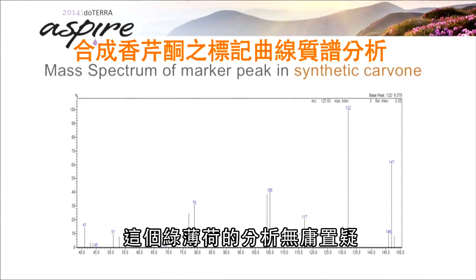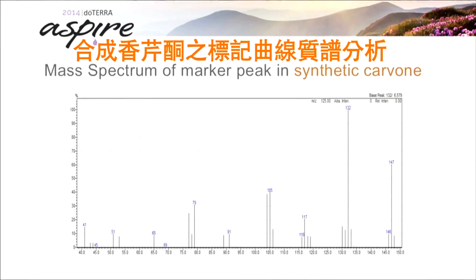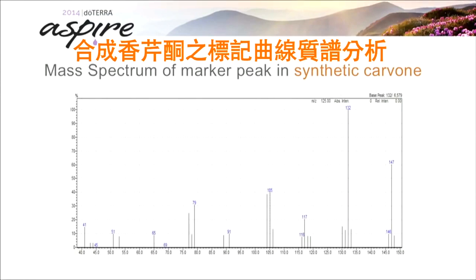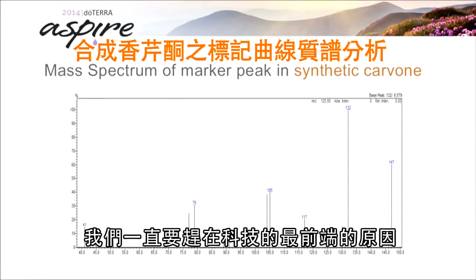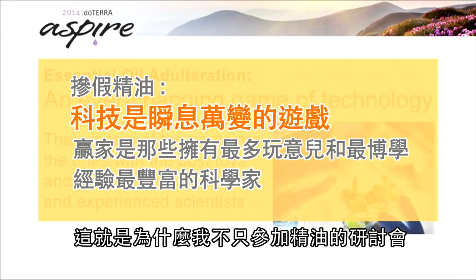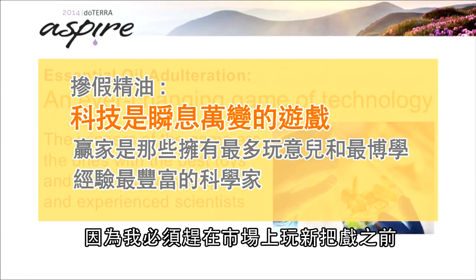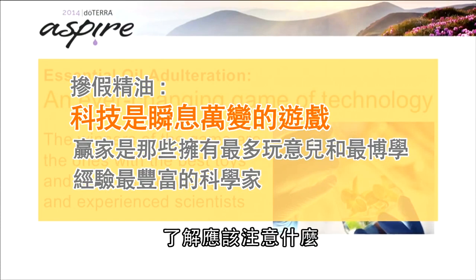So without a question, this spearmint is being used in mass. It's come from synthetic carvone. So this is the kind of thing that we're constantly trying to stay ahead of. This is why I go to not only essential oil conferences, but perfumery conferences and fragrance conferences, because I want to stay ahead of the game on what's commercially available, what things to look for.